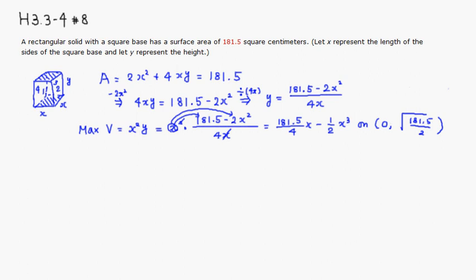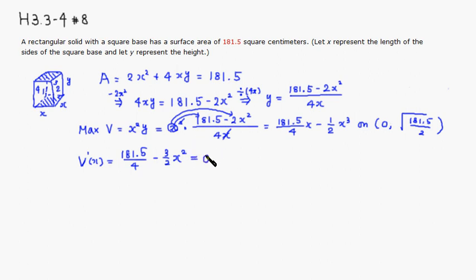All right, let's take a derivative. V prime of x is equal to 181.5 over 4 minus 3 over 2 x squared, right? Let's find the critical number by setting that equal to 0.